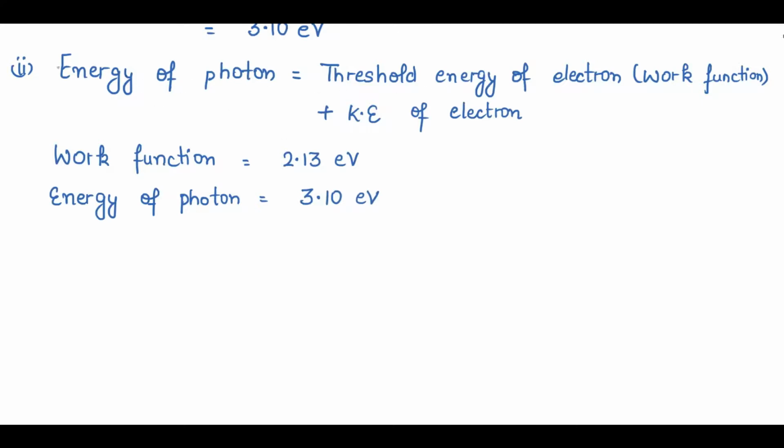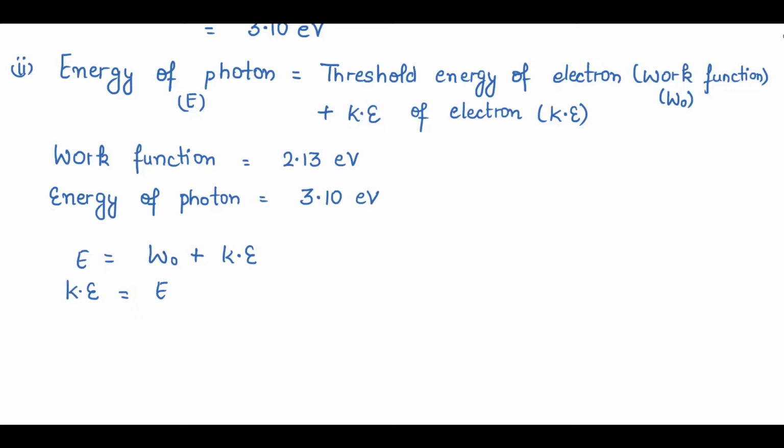Okay, so I'll denote this value with E, and this with W naught, and kinetic energy with KE, right? So E equals work function W naught plus kinetic energy. We have to find the value of kinetic energy. So I'll keep kinetic energy on one side and the rest of the values on the other side.